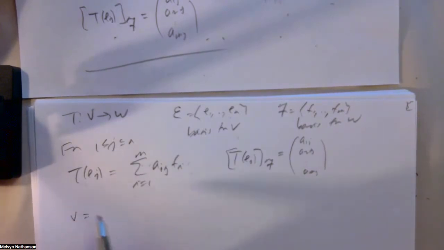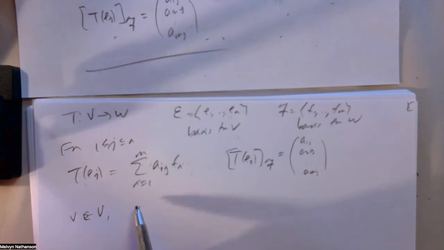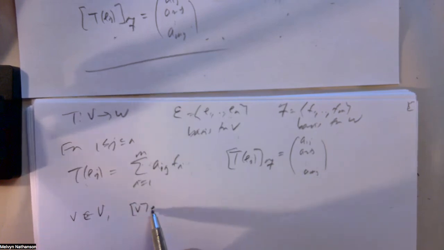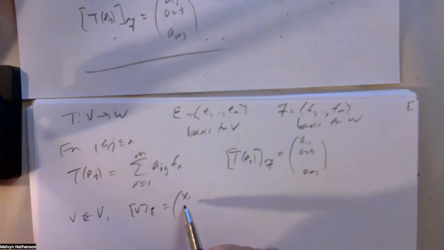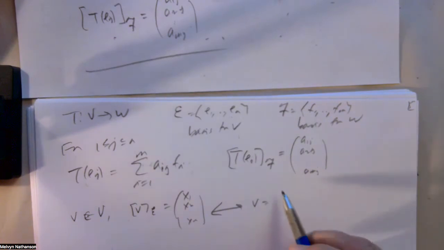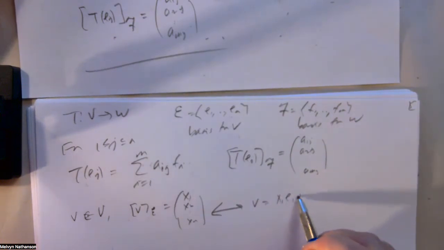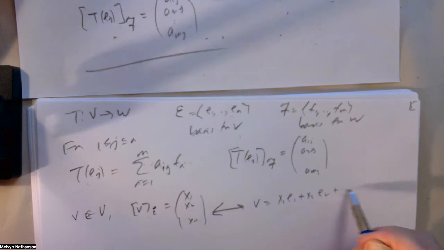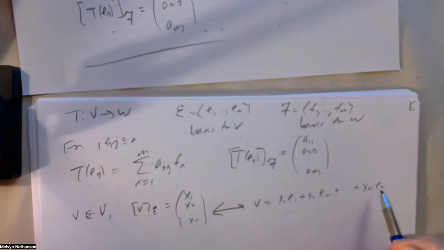So suppose we have a vector v in V, and the coordinate vector for v with respect to E is x1, x2 down to x sub n, which is the same as saying v is the sum x1 e1 plus x2 e2 up to xn en.